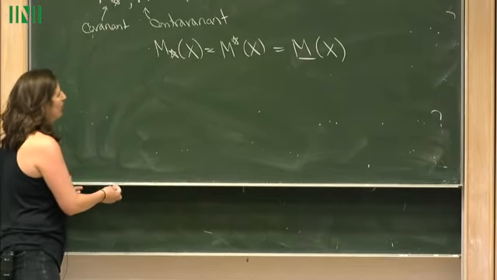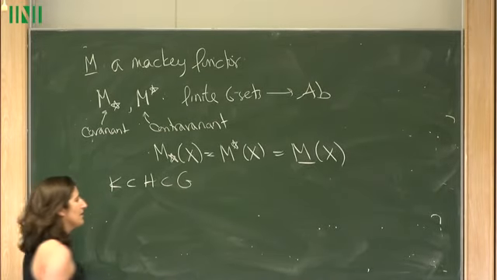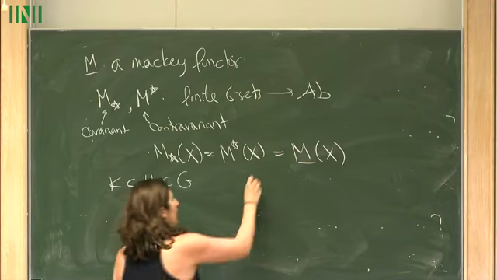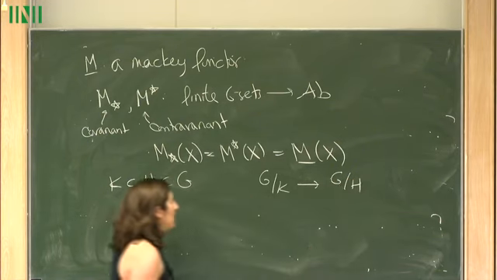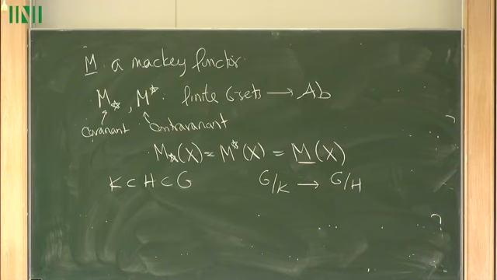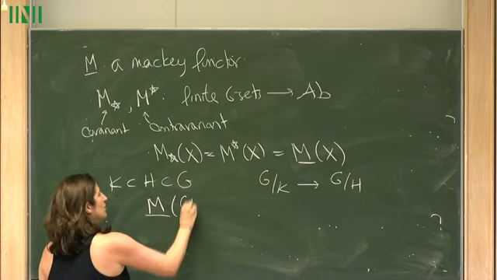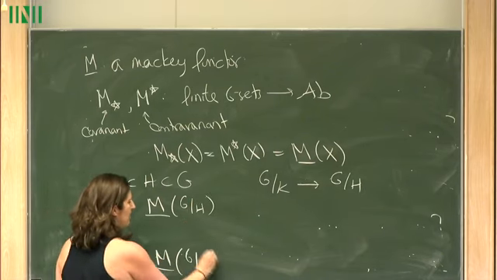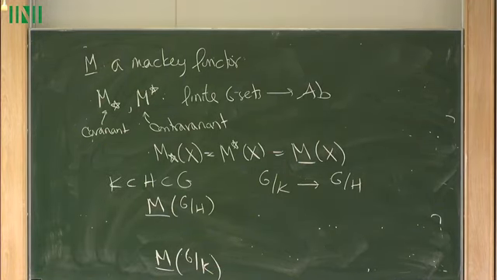For instance, if I have K sitting inside H sitting inside G subgroups, I have a map of orbits G mod K to G mod H. What does that give me on the Mackey functor M? Associated to the orbit G mod H, I can evaluate there, and I can evaluate at G mod K. The covariant and the contravariant functor are each going to induce a map from this map.